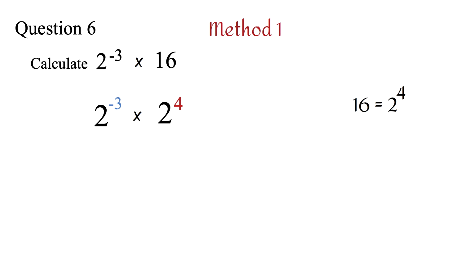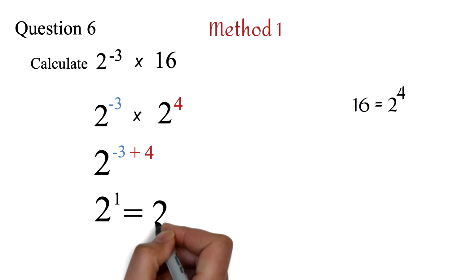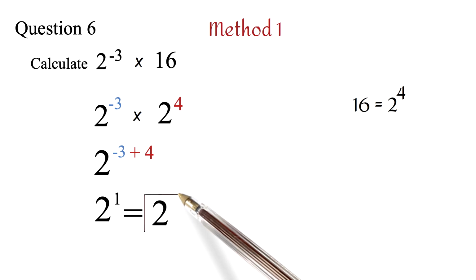So here we will have 2 exponent negative 3 plus 4. We haven't done negatives yet, but negative 3 plus 4 is the same as 4 minus 3, which is 1. So we have 2 exponent 1. We know that any number exponent 1 is the same number, so 2 exponent 1 is simply 2. This is our answer.